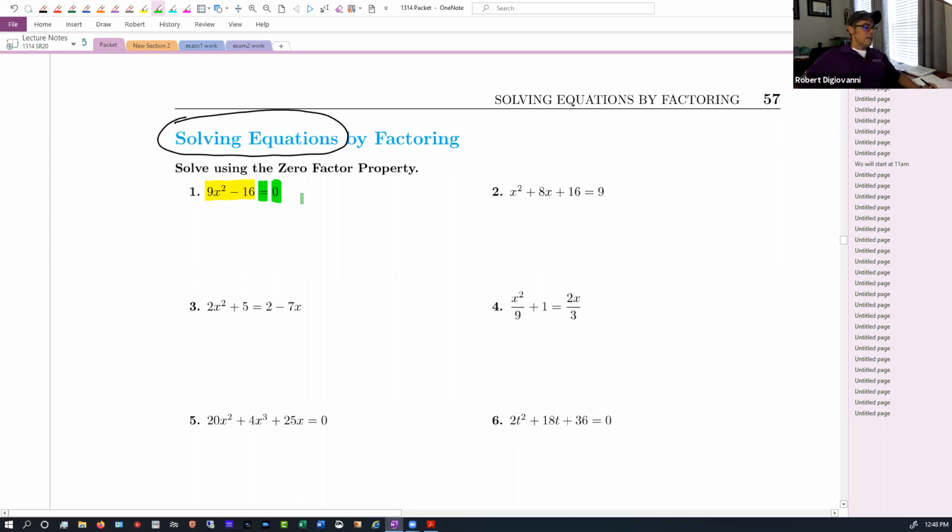Didn't we just talk about just before this that we could factor 9x squared minus 16 because it's two terms and it has the form of a difference of squares? So we could rewrite this as what times what, and then still keep the equals 0. What does that turn into according to our formula? What do y'all got?